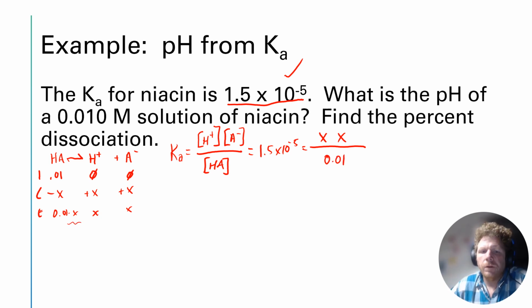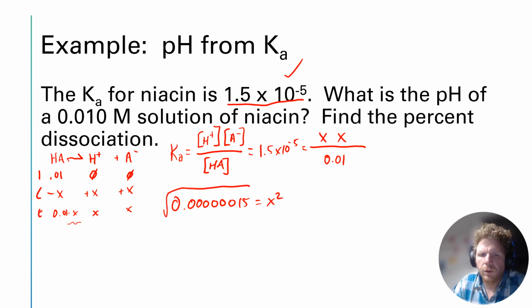Okay, so now what I've got is 1.5 exponent negative fifth times 0.01, and that gives me an even smaller number, 0.000015, equals x squared.